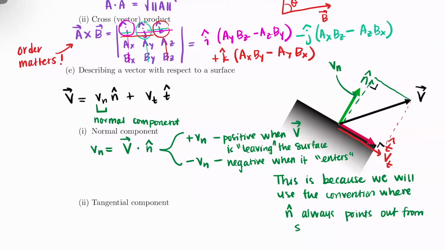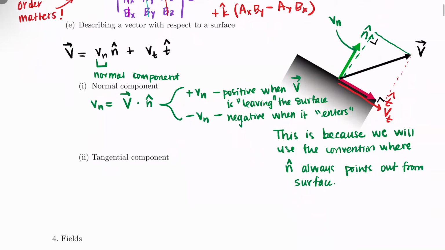So n hat is always going to point out from the surface. Okay. For our tangential component, so that is this guy, is defined in the exact same way as what we did for Vn. So we just have our velocity vector dotted with our unit normal in the tangent direction, t hat.